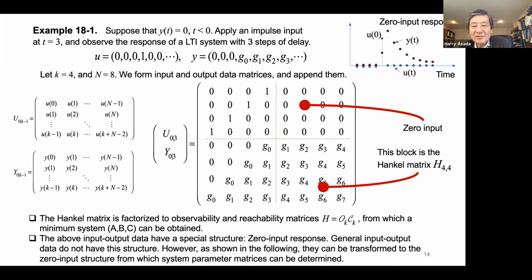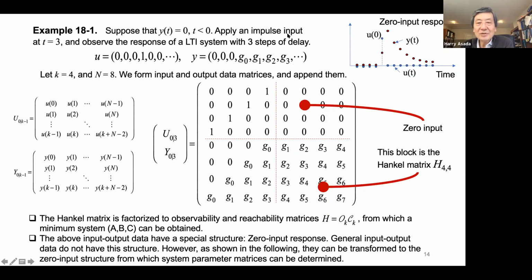And then from OK and CK, we can immediately find the matrix C and then matrix B and matrix A as well. So once you have this kind of Henkel matrix, you can find the ABCD from there. That is a technique we like to use.